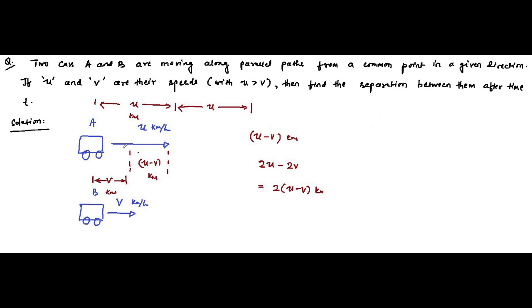Here, as both the cars are traveling in the same direction, we have to consider the relative velocity between them. Here the relative velocity is equal to u minus v kilometers per hour.